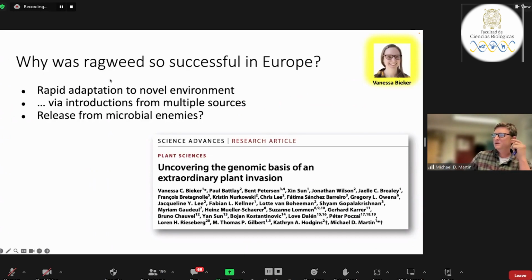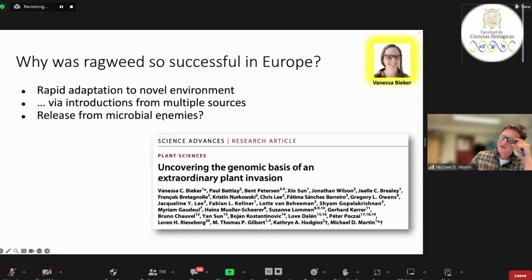So what we could conclude from this study, and this is just a quick summary, was that we could confirm there had been rapid adaptation to the novel environment, and we could find the genes that were directly involved in that process. The introductions to Europe had come from multiple sources all across North America, particularly the United States and Canada.